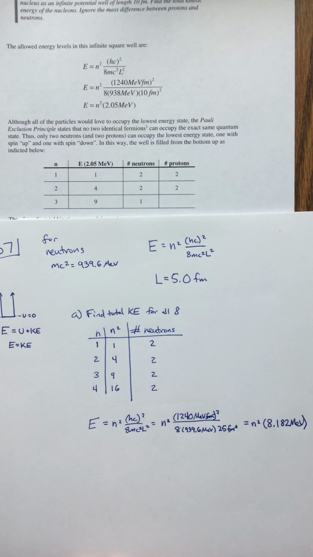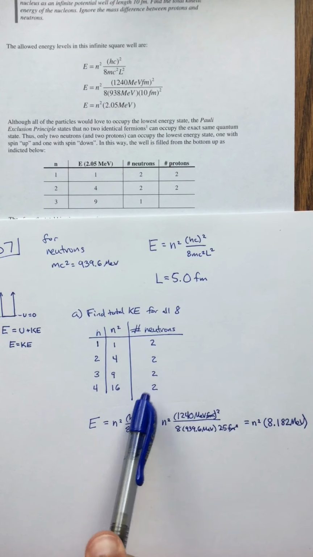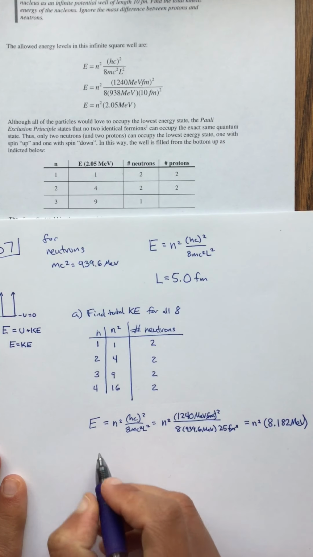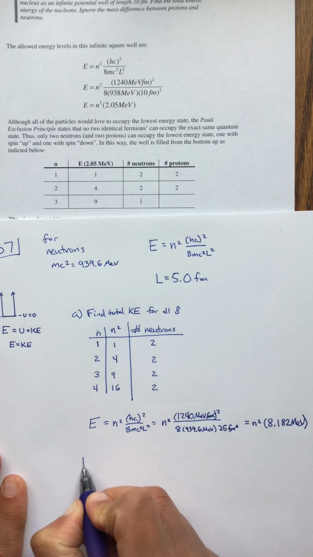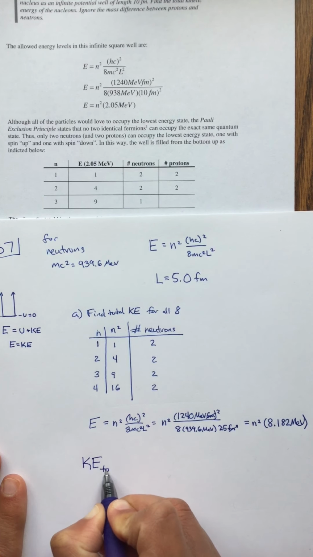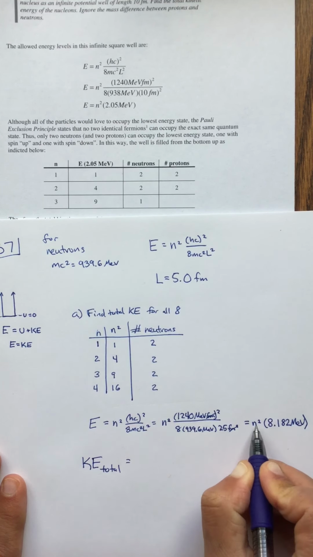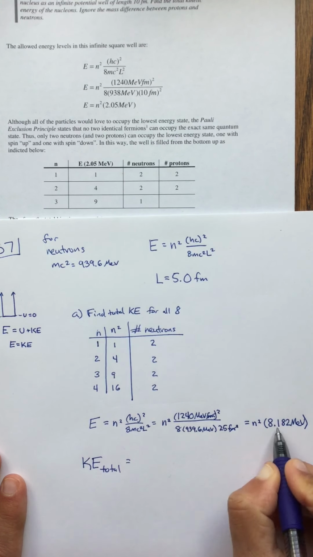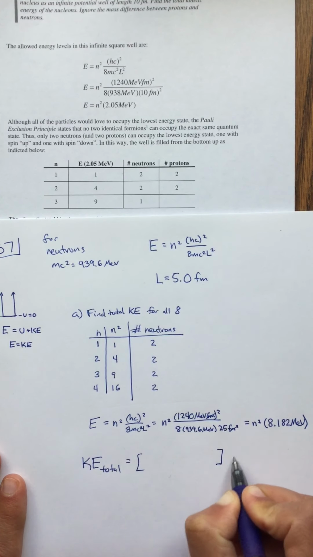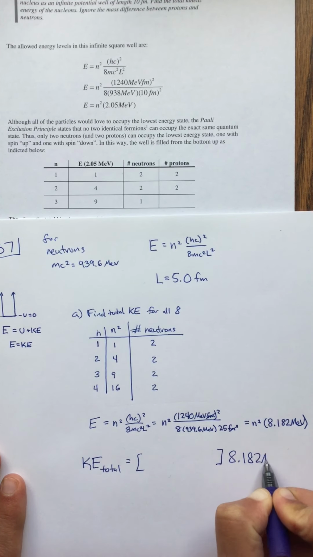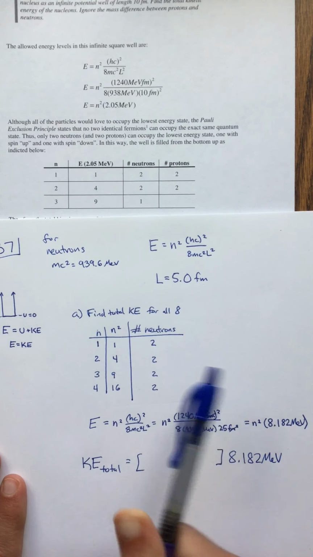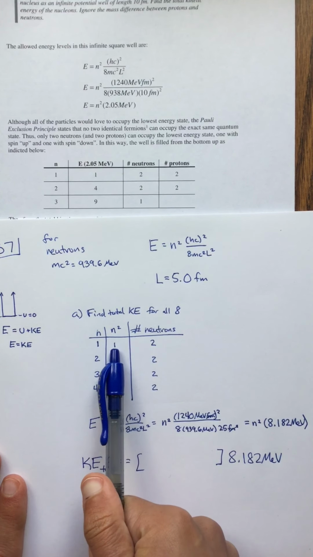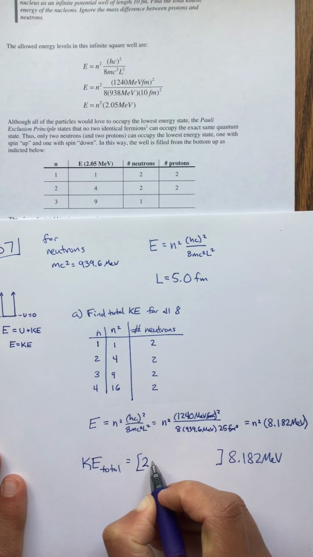So I want to add up the energy for all 8. I'm going to add up for each neutron what I have here, but since everything is being multiplied by 8.182 mega electron volts, I can leave that at the end. So I have 2 times n squared when n is equal to 1. So for my first 2 neutrons, it's 2 times 1.